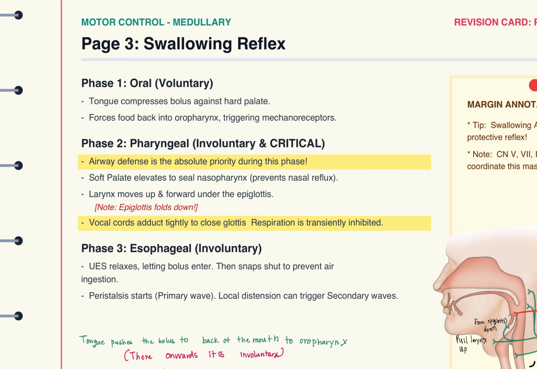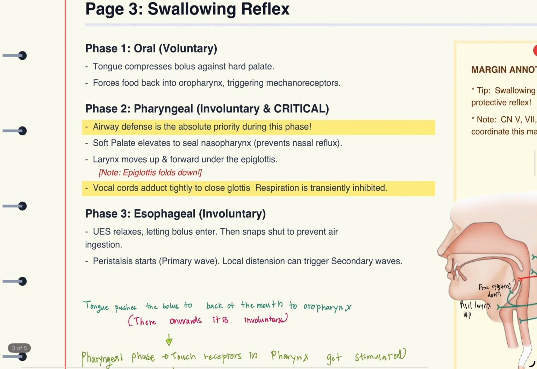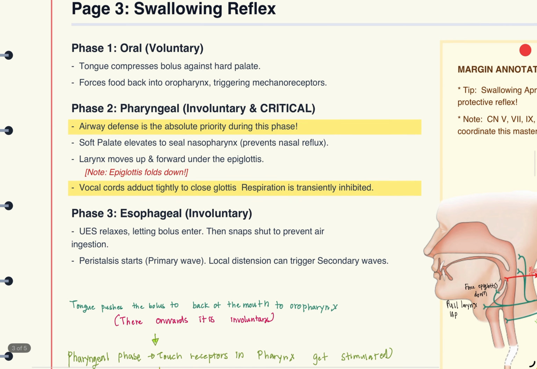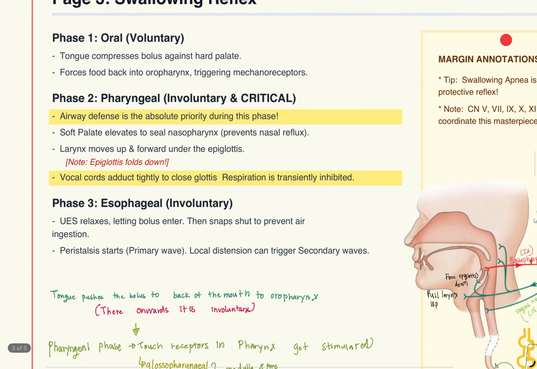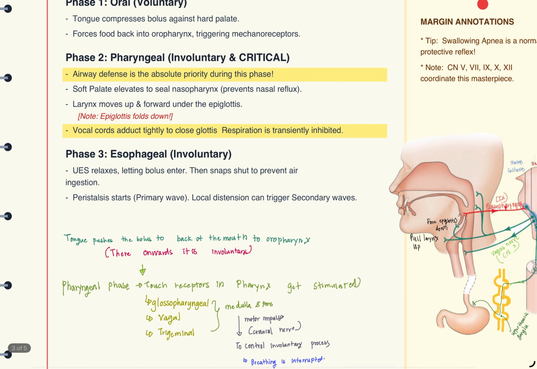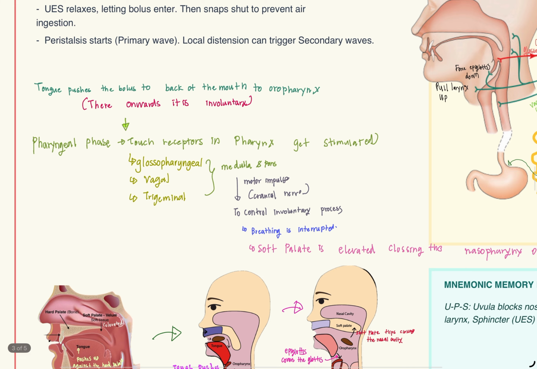And then it is about the swallowing reflex. So the first part is voluntary, and the second part is involuntary, and the third part is also involuntary. The voluntary one is done when the tongue compresses the bolus against the hard palate, and the bolus goes to the oropharynx.